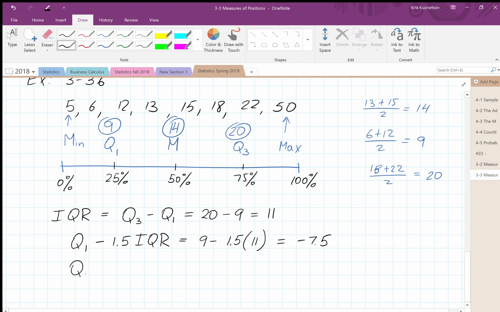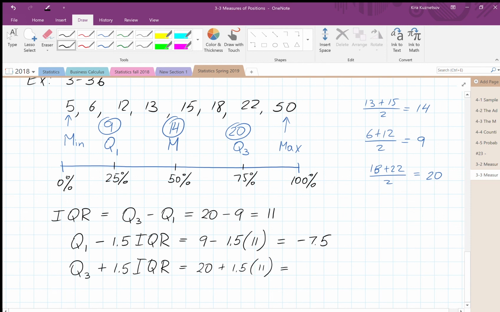On the other side, it's Q3 plus 1.5 times IQR. Notice I have a 5, 6, 12, 13, and then all of a sudden I jump to a 50. So the question is, is that 50 an outlier, or is it still okay? So I start with the Q3. Q3 is 20, and I need to add 1.5 times 11.